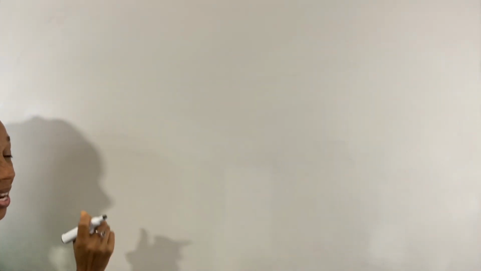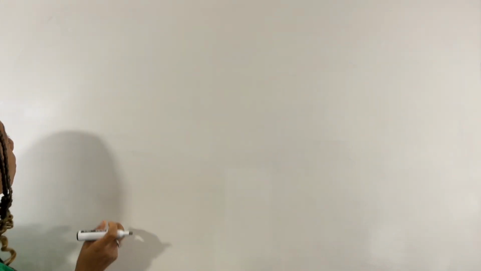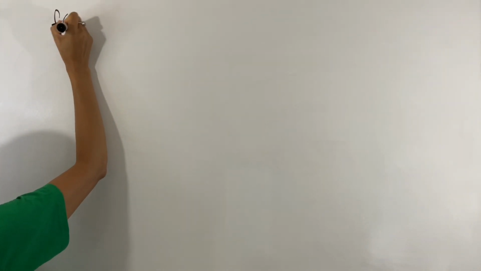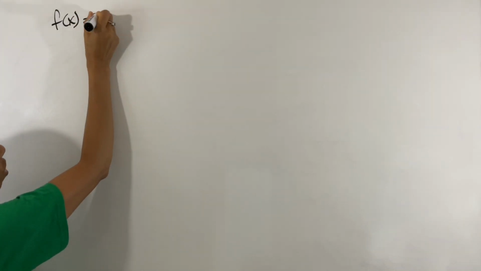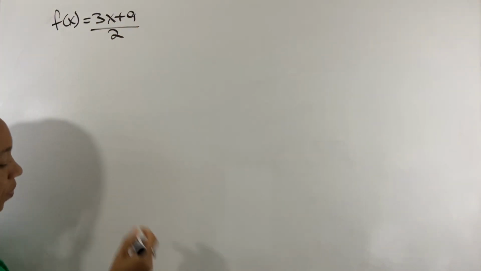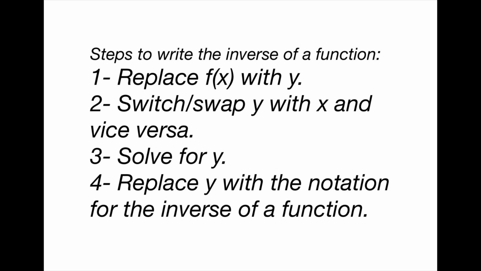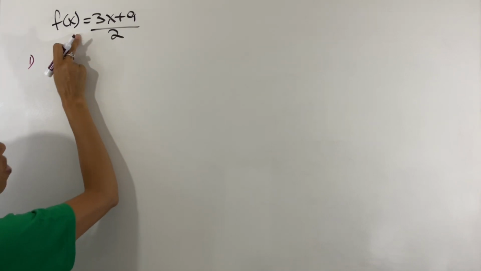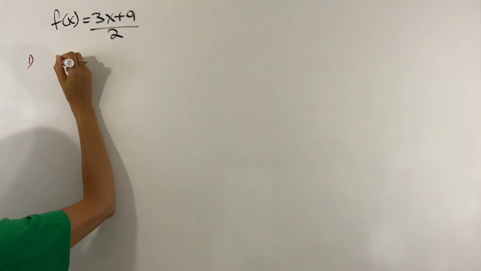Our second example that we're going to find the inverse of is f of x is equal to 3x plus 9 over 2. We are going to apply all 4 steps that I told you to find the inverse of this function. We have to replace the function notation with y.